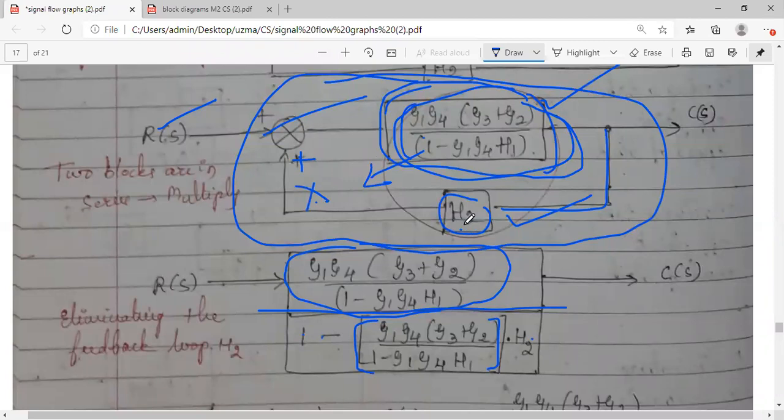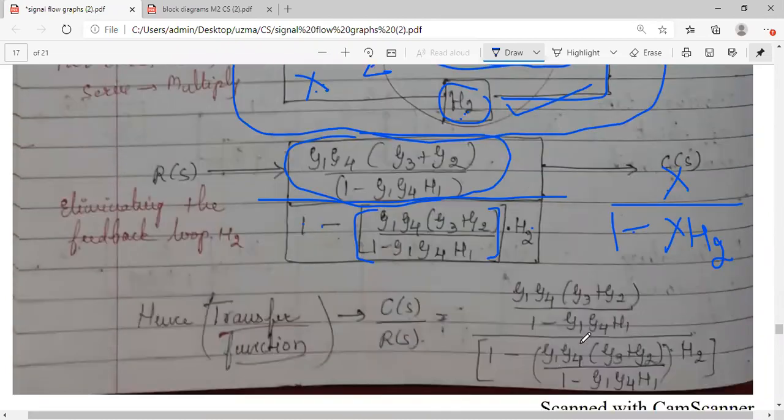So x and H2, x is your forward path gain, H2 is the feedback. So what will your formula be? Forward path gain divided by 1, this is positive feedback so negative will come, x into H2. Okay, later you replace x with this. So this is your final expression.